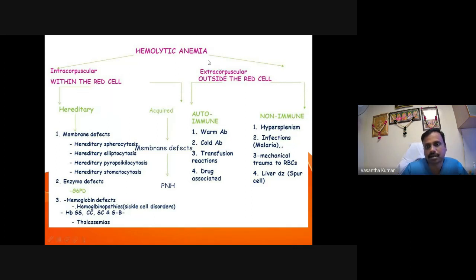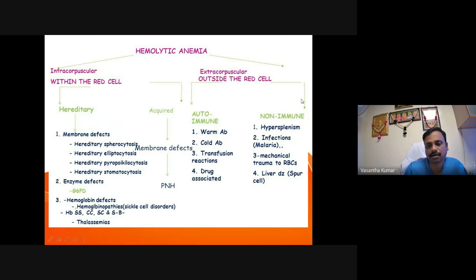And next is the extracorpuscular, that is, it is not within the RBC, it is outside the RBC. It could be due to an immune cause or non-immune cause. Immune cause means the body will produce its own autoantibodies, warm antibodies or cold antibodies. These antibodies are produced inside the body against the patient's own red blood cells. So eventually there is hemolysis. Certain drugs also will cause autoimmune-like reactions.